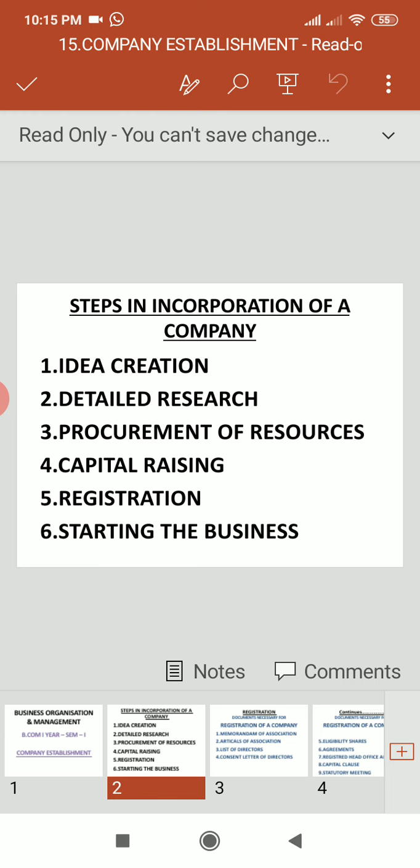The second step is detailed research, a detailed study in incorporating the particular company. Detailed inspection means each and every item of the business has to be studied carefully. What is the raw material used? Where is it available? What is the cost of the raw material?